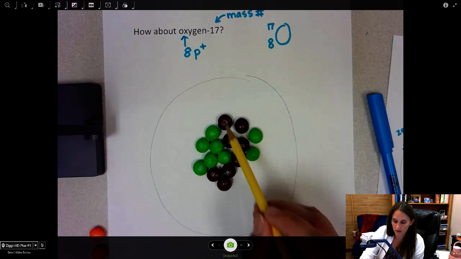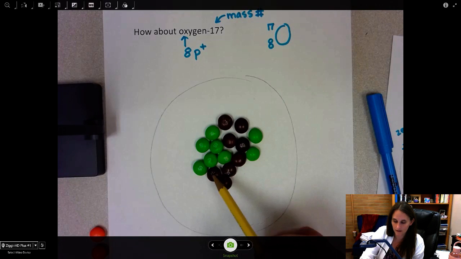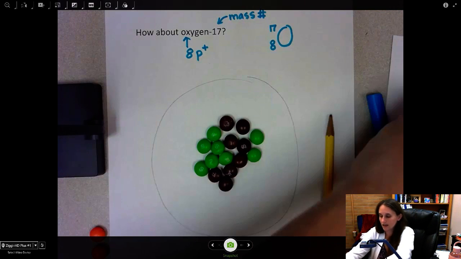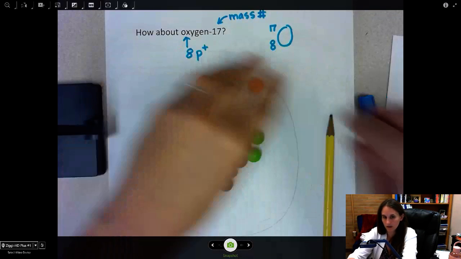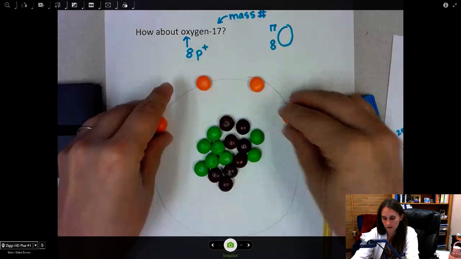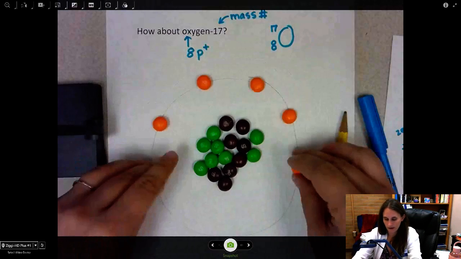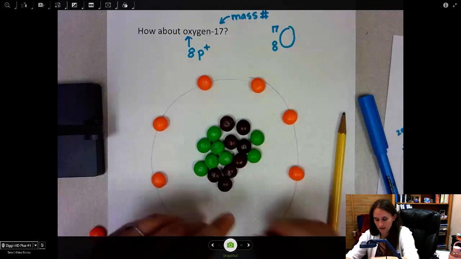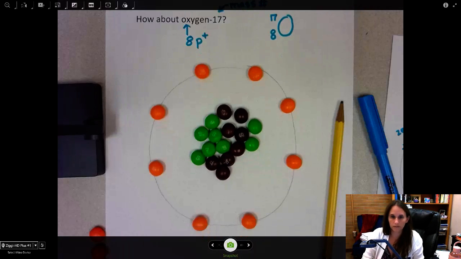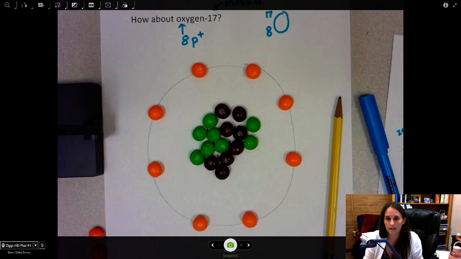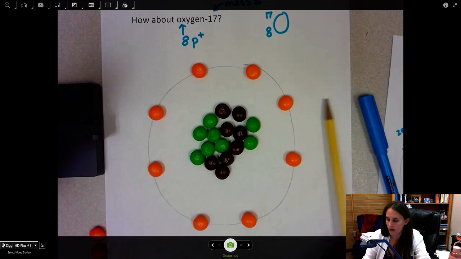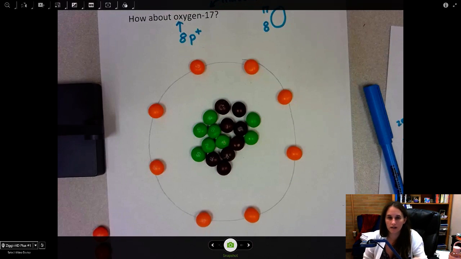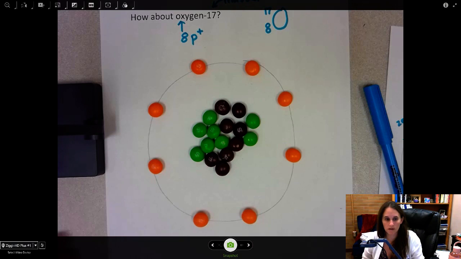So that's 1, 2, 3, 4, 5, 6, 7, 8. Its atomic number. I need 8 electrons. 1, 2, 3, 4, 5, 6, 7, 8. So at present, I'm modeling a particle of oxygen 17, one of the isotopes of oxygen. Ignore those side ones. I'll eat those later.